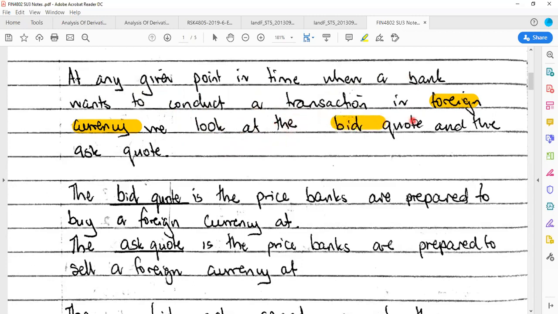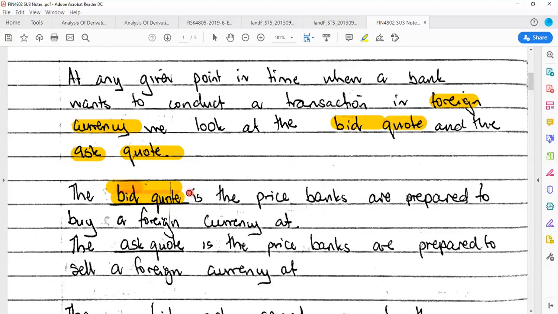They need to look at what we call the bid quote, and they need to look at what we call the ask quote, right? The bid quote is the price that banks are prepared to buy a foreign currency at. So the bank will approach the foreign currency market, and they'll be prepared to pay a certain amount of money for the foreign currency that they want.